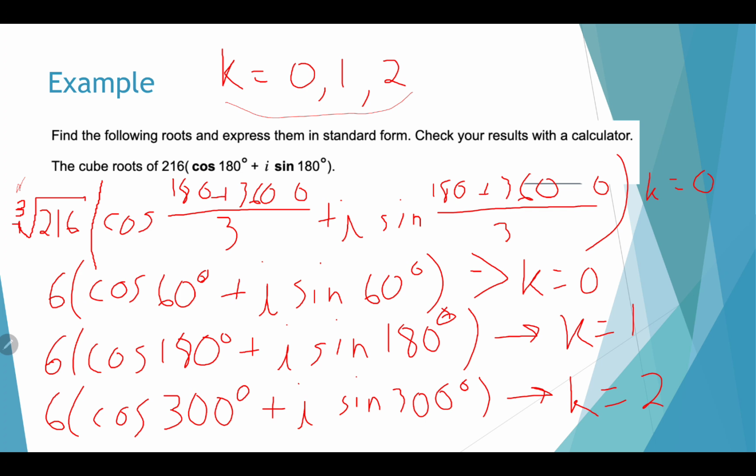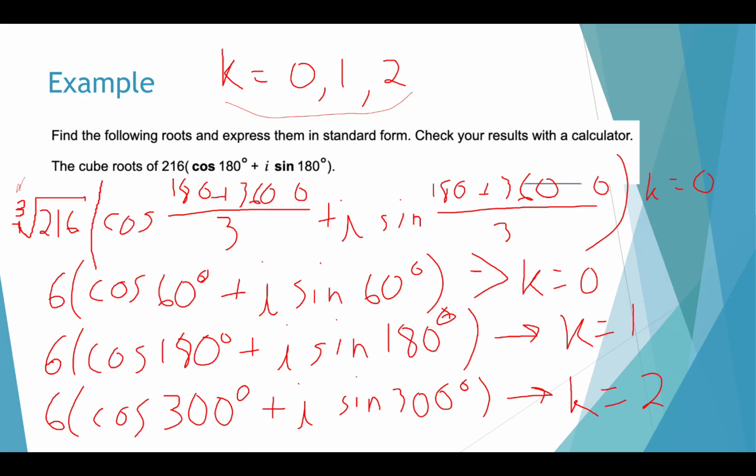So I'm going to get 6, the cube root of 216, 6 times 6 times 6, cosine of 60 plus i sine of 60. That's my 0th root.